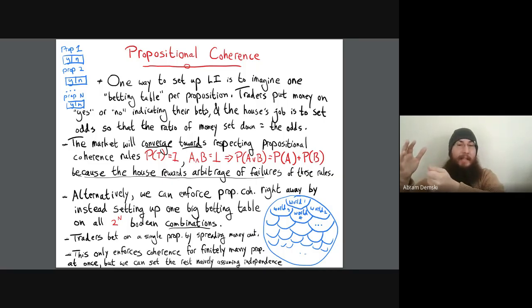It doesn't have any edge, doesn't have any way to make money from the market, because the market is just setting prices in a way that is completely set by what this trader's beliefs are.